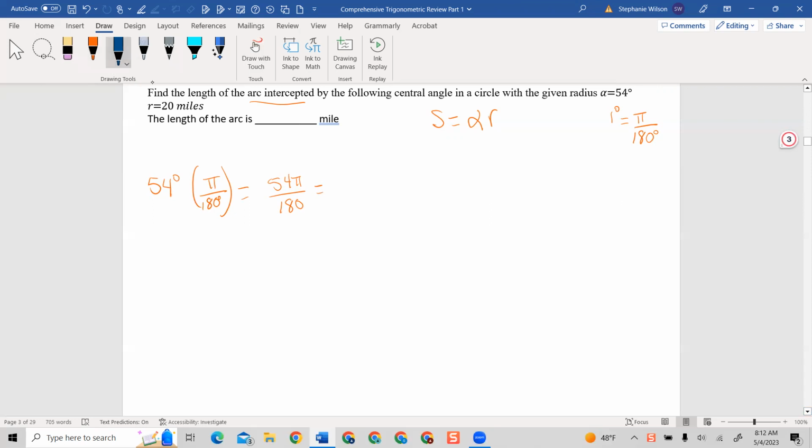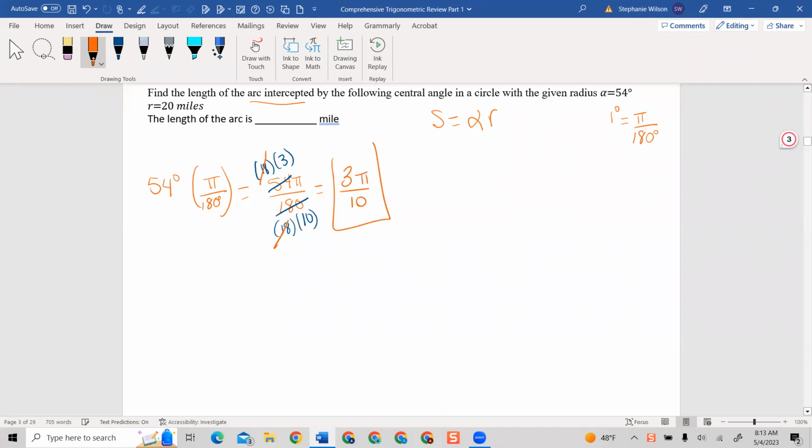54 reduces by 18 times 3, right? And 18 goes into 180 10 times. And you don't have to do it this way. I like to reduce. So I reduced my 18s. Now I got 3 pi tenths.